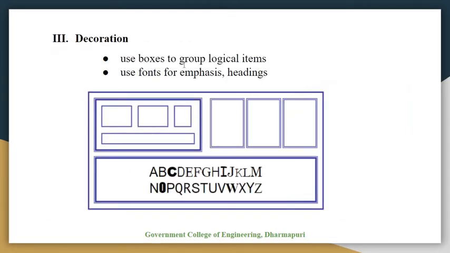Now the third one is decoration. In the billing details of ordered items, we can see how the design uses boxes and a separating line to make the grouping clear. Other decorative features like font style, text or background colors can be used to emphasize groupings.